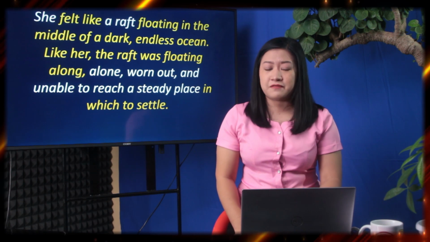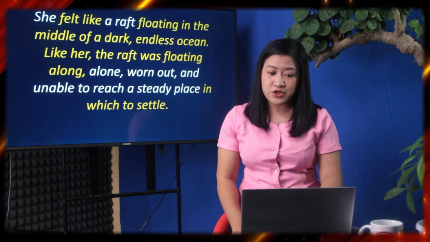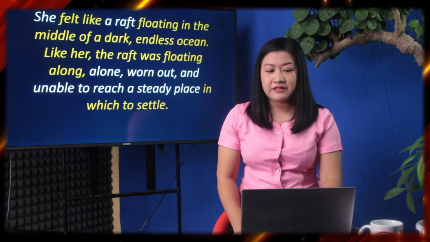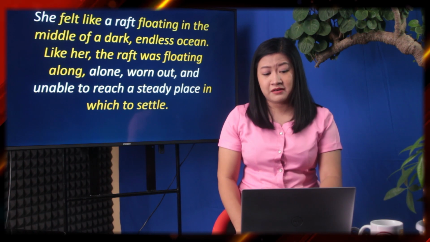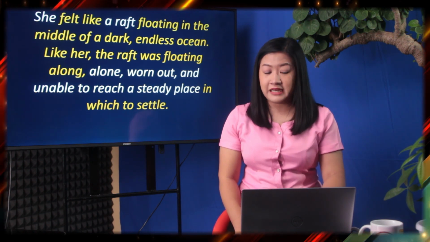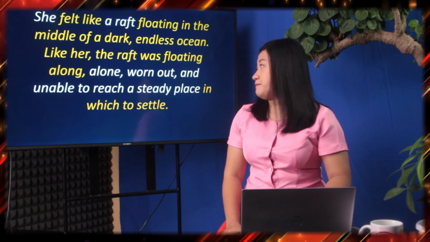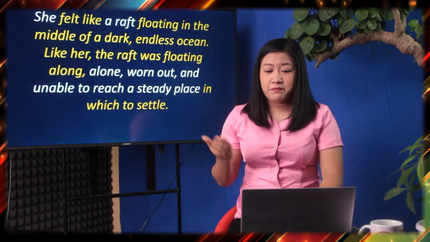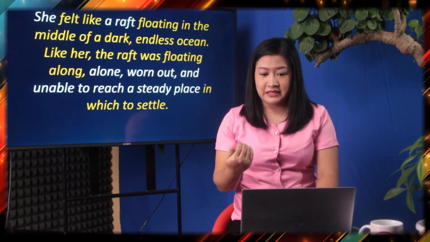For example, she felt like a raft floating in the middle of a dark, endless ocean. Like her, the raft was floating along, alone, worn out, and unable to reach a steady place in which to settle. Notice what a powerful image these descriptions bring to our minds.